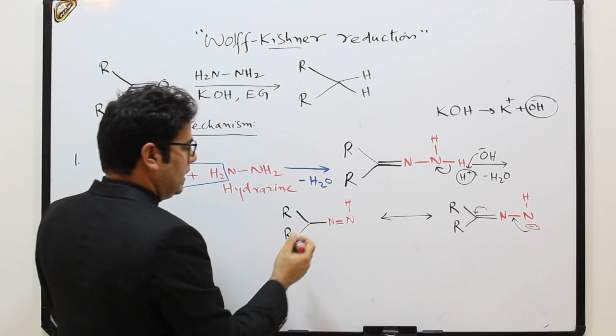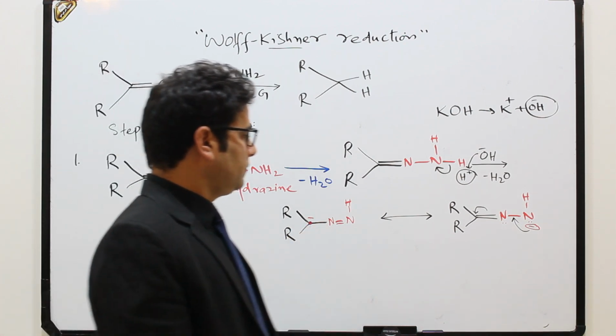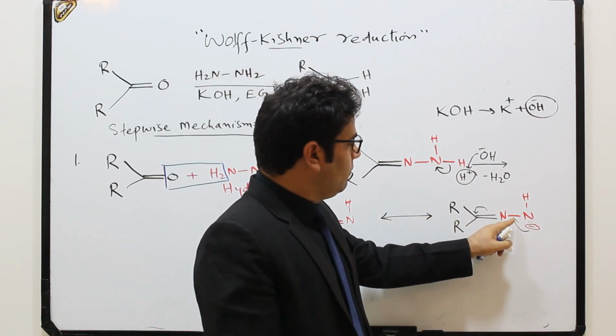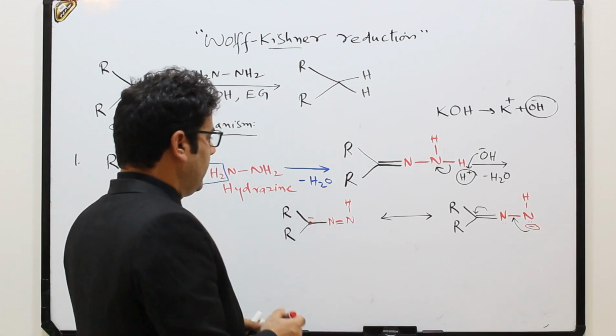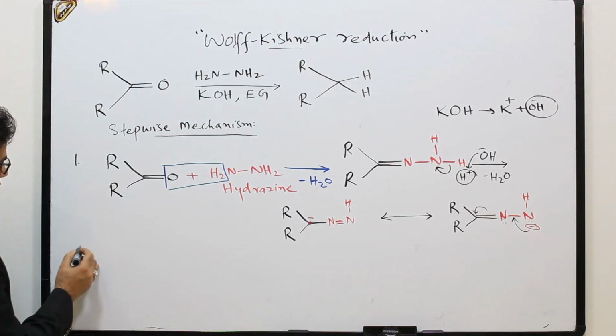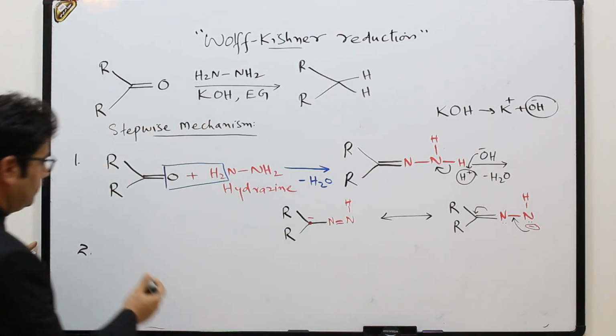The double bond will come here, and this carbon is going to get the negative charge. This is the first step, and this is the resonance molecule. After this, now step number 2. In step number 2, we will bring this molecule here again.